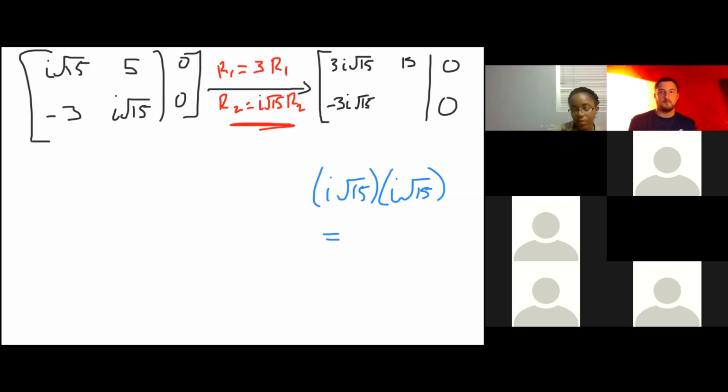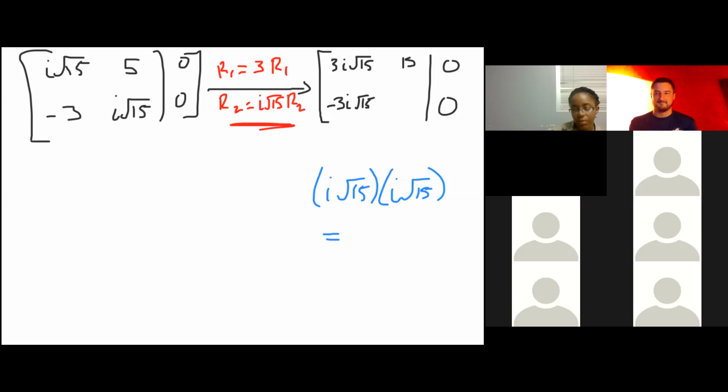No, just saying 15. So close. It's not 15 actually. It's going to be negative 15. So square root of 15 times square root of 15, the square roots do cancel each other out and leave me with a positive 15.